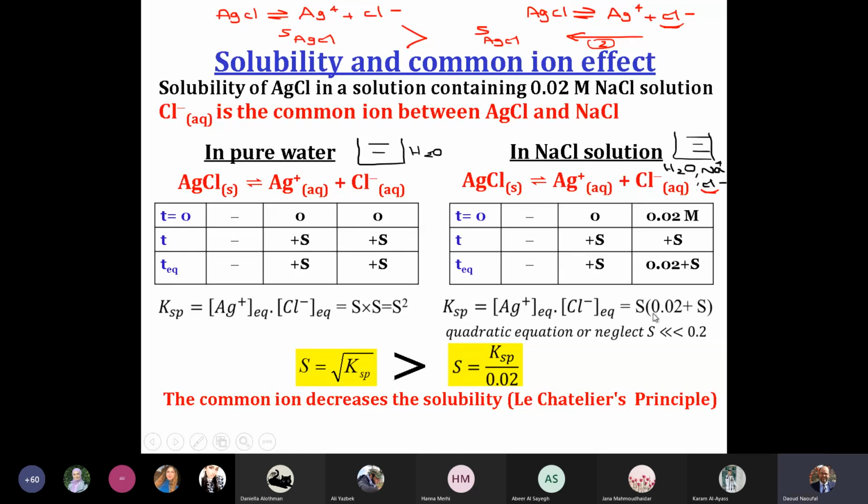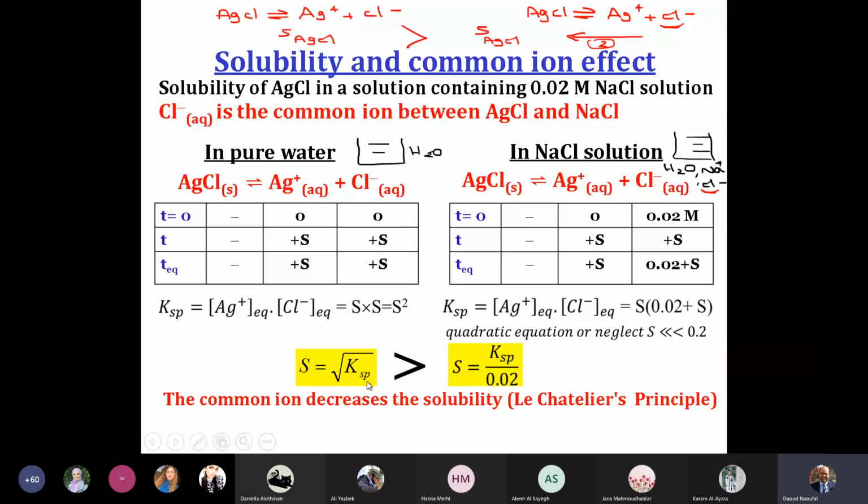Since we know that in case 2, the solubility will be very low due to the presence of the common ion, we can, if we don't want to solve the quadratic equation, neglect S with respect to 0.02. So KSP equals S times 0.02, so S is equal to KSP divided by 0.02.